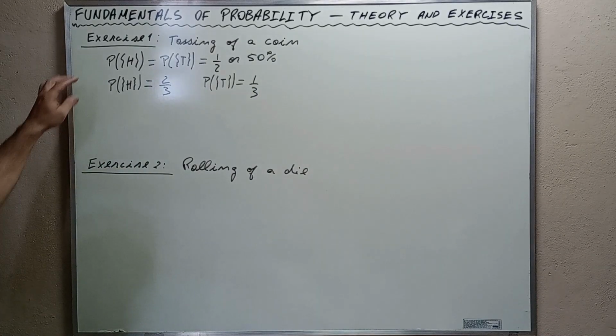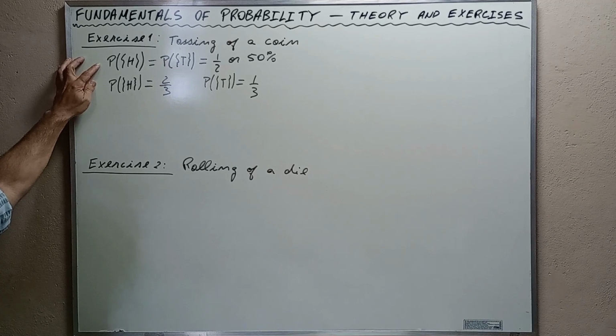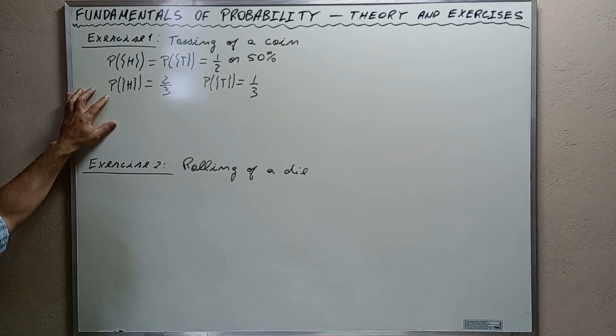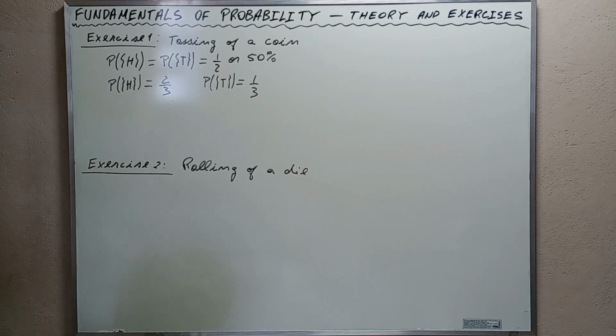When the coin is perfectly balanced, their probabilities are equal. If there is any biasing, the probabilities will be different.